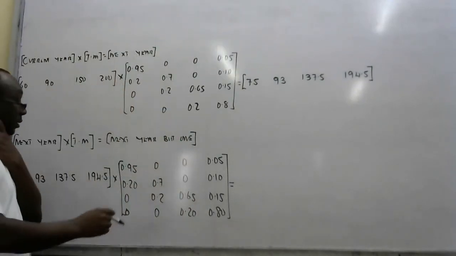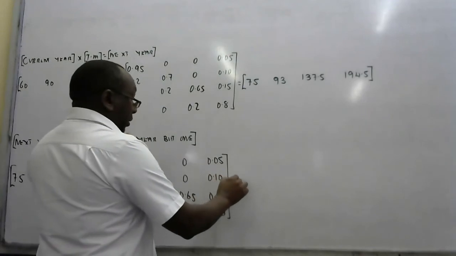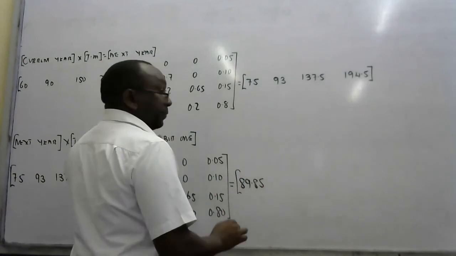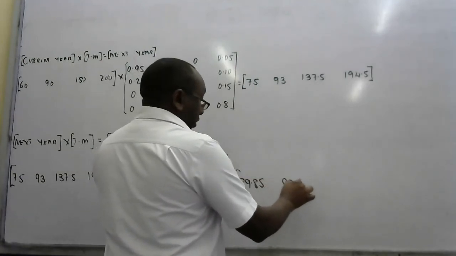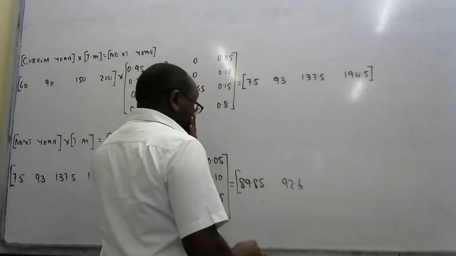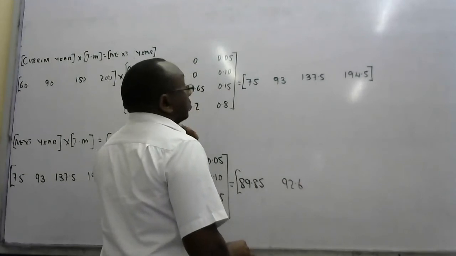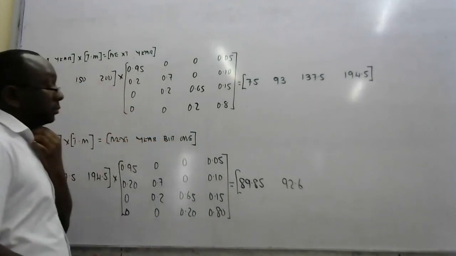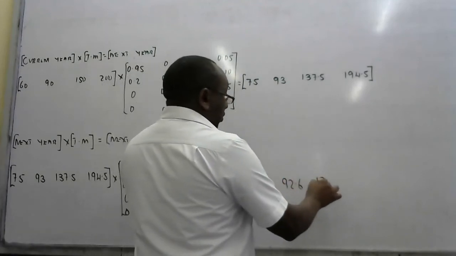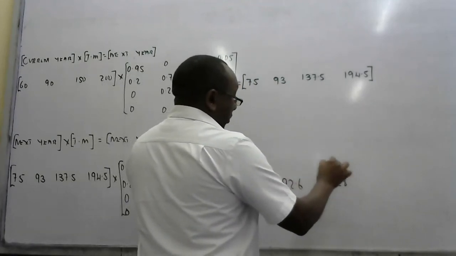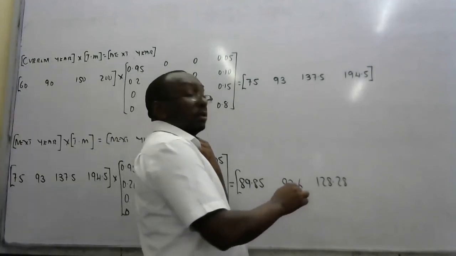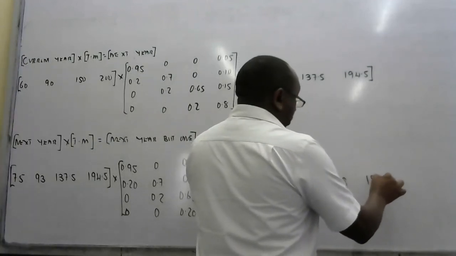The first one, 89.85, 2.6, 128.28. The last one, 189.28.